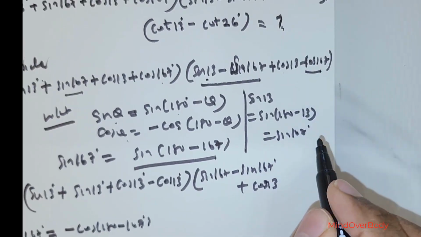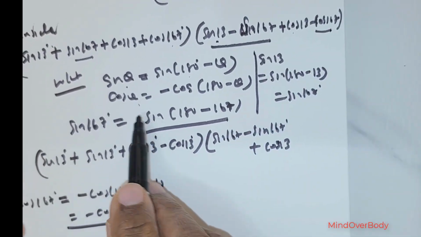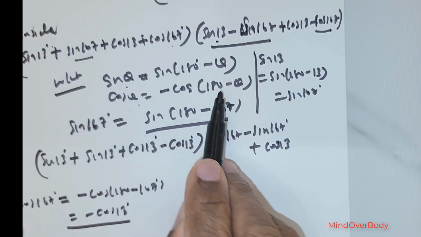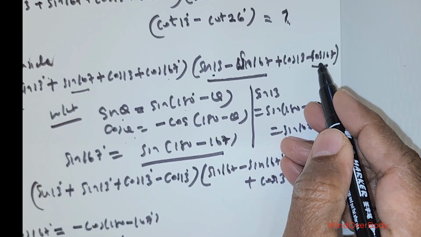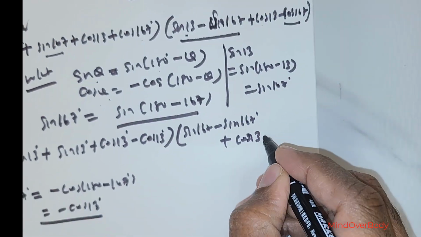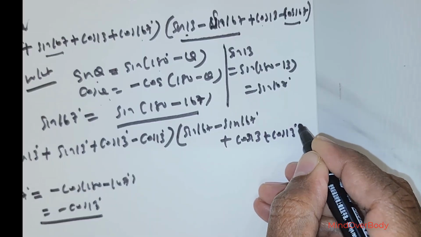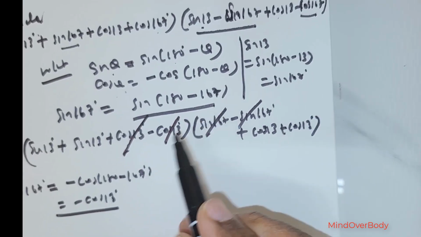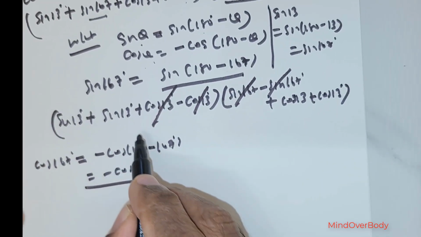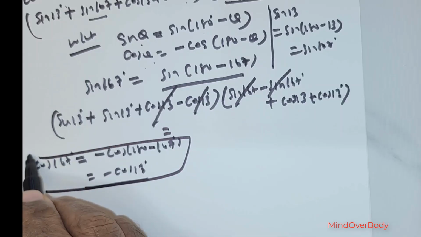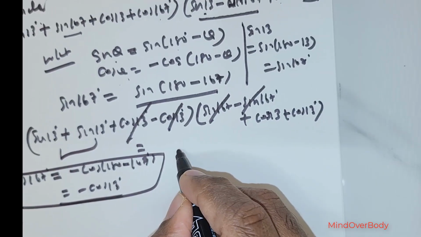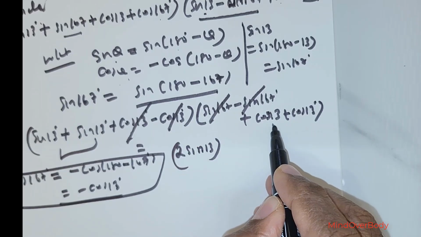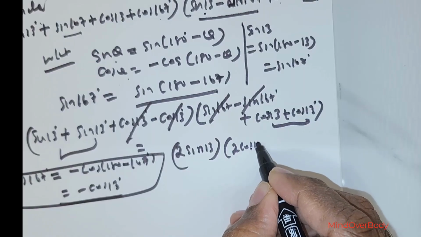But for cos 167, I'm going to use this formula, which gives me negative of negative cos 13, so that's going to be positive cos 13. So this goes off, and this goes off. You are left with sin 13 added with sin 13, that's 2 times sin 13, and cos 13 added with cos 13, that's 2 times cos 13.